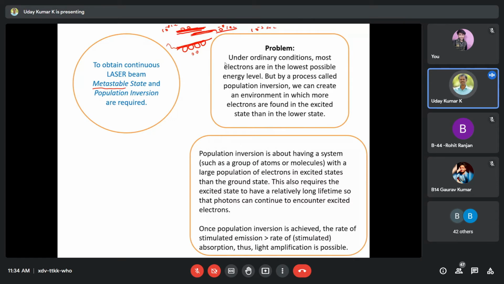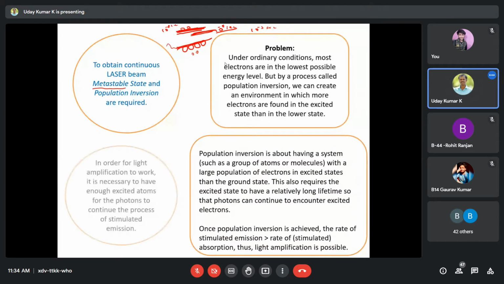So when electrons are at the higher energy level for a longer time, you can expose them to external radiation again, so that you get the stimulated emission process. Once population inversion is achieved, the rate of stimulated emission will dominate over the rate of absorption. So that's how you get the amplification process.